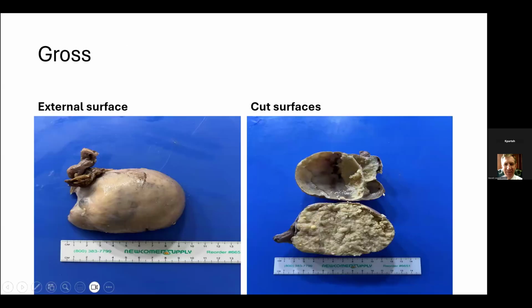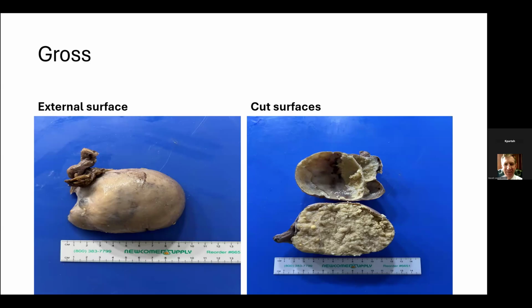So, gross exam. I received this cystic mass with a smooth external surface, which measures about 100 by 90 by 50 millimeters. And there was an attached fallopian tube.